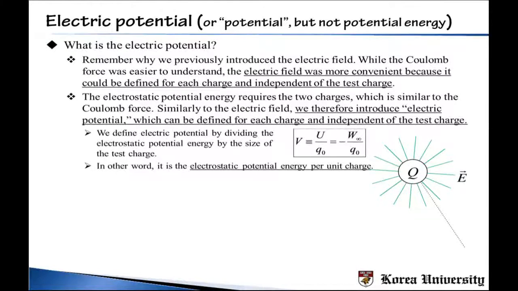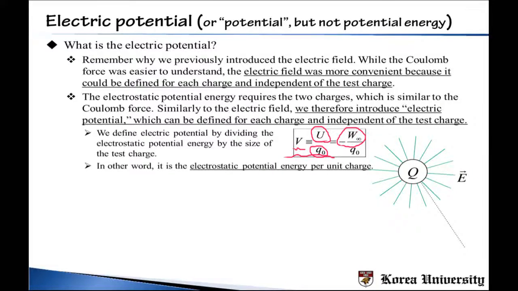And how do we do that? We define electric potential by dividing the electrostatic potential energy by the size of the test charge. Take a look at the equation here. We are dividing the electrostatic potential energy by the test charge, and then we get the electric potential. And what is this minus W infinity?